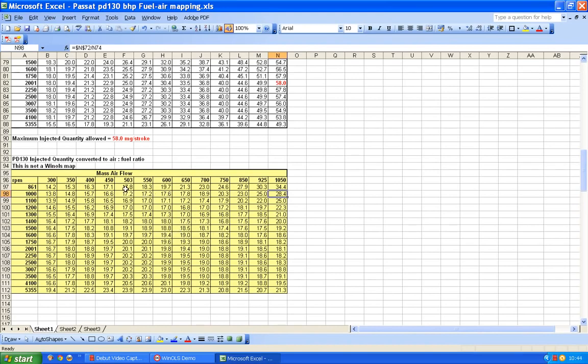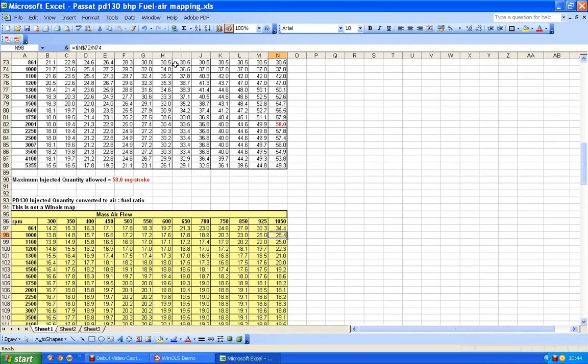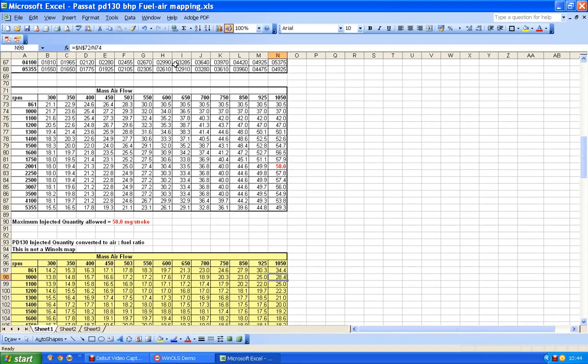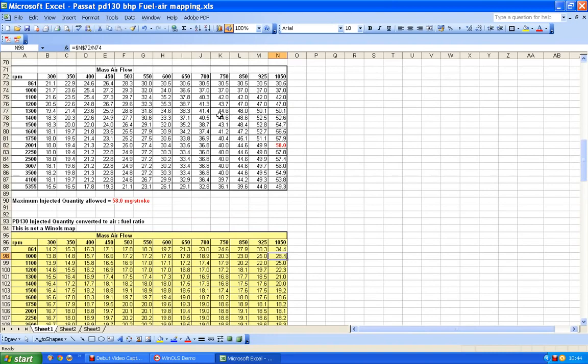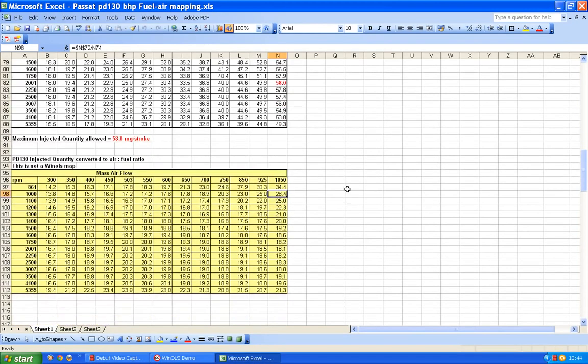Now, it might be an idea to consider doing this to every change you make. So it might be an idea, if you are going to change this map, to consider doing what I did with the driver's wish map and rebuilding it over here with some slight percentage changes. But it might also be worth rebuilding this map over here at the same time, so that not only have you got an example of your changes, but you can see what they are doing instantly to the air-fuel ratio.